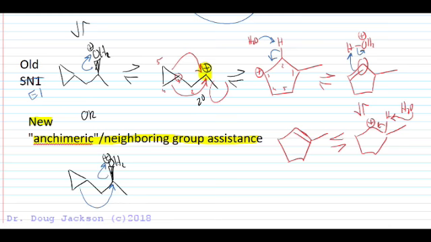And what it does is it gets us straight to this intermediate without going through the secondary carbocation initially. There's enough energy pent up in this cyclopropane to generate the final secondary carbocation, but it avoids that spontaneous production of a secondary cation. So either way you prefer, both will work.